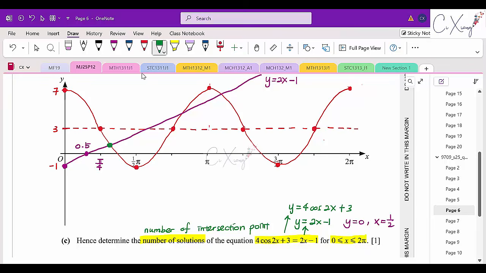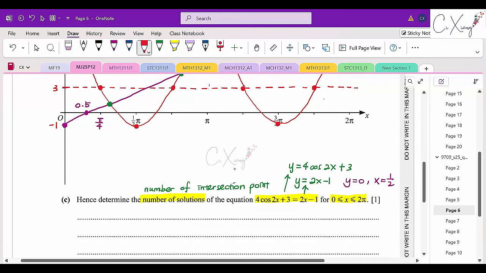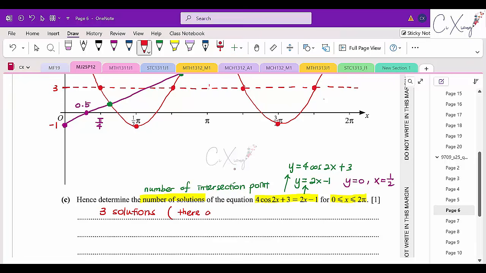This is the first intersection point, second intersection point, third intersection point. So you can see that there are 3 intersection points here, and therefore you can directly write that there are 3 solutions. You can tell them the reason: because there are 3 intersection points.